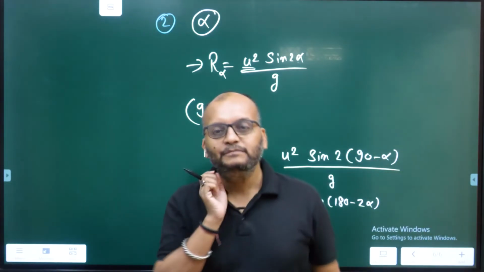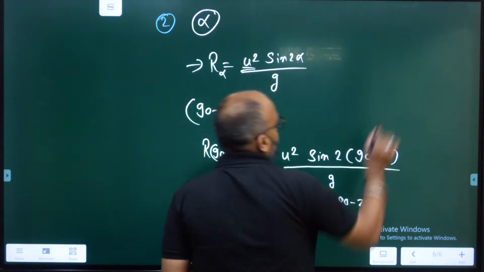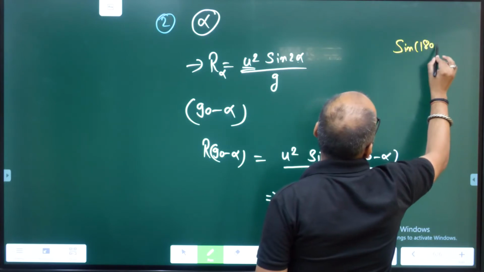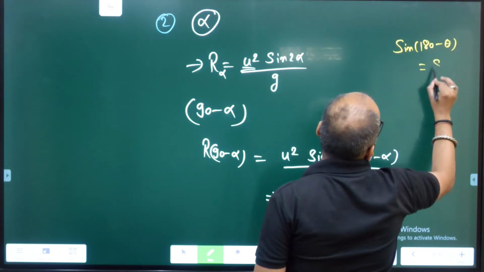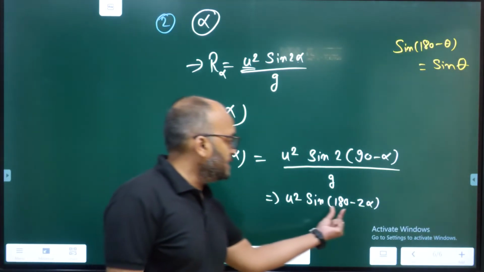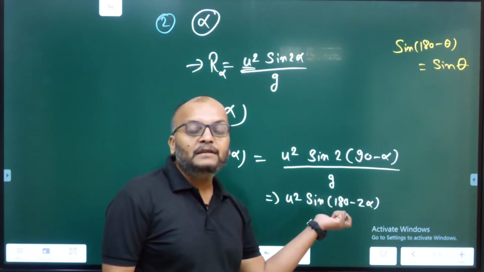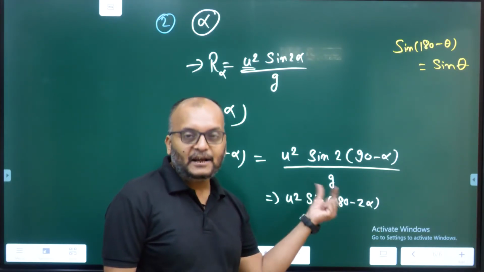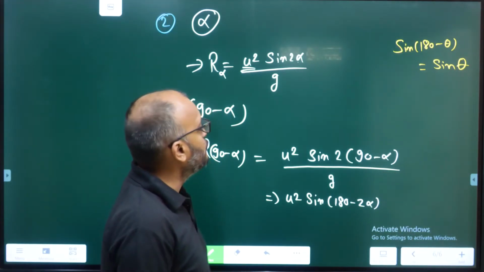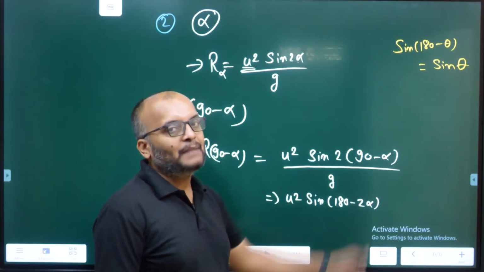My dear students, sine of 180 minus theta is equal to sine theta. So here you have 180 minus 2 alpha, sine of 180 minus 2 alpha will become sine 2 alpha. Anything if you are subtracting from 180, in case of sine, you will get the same angle.